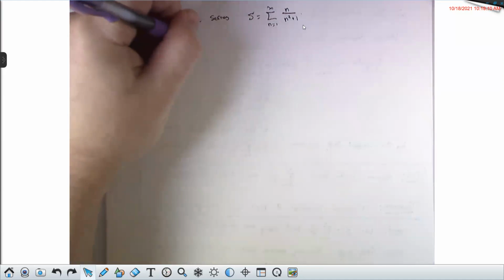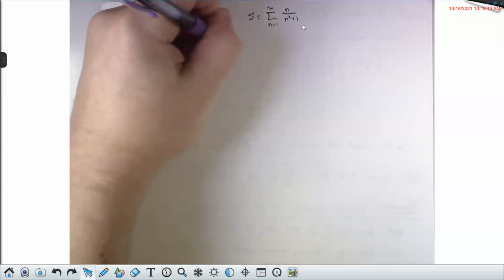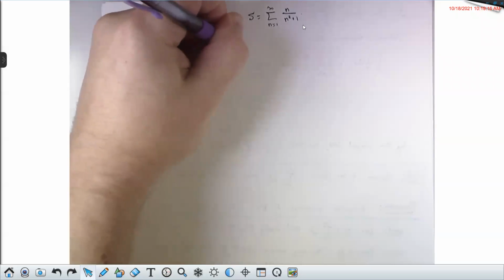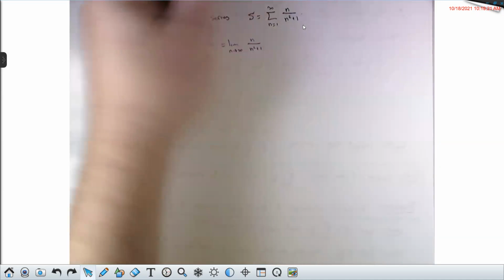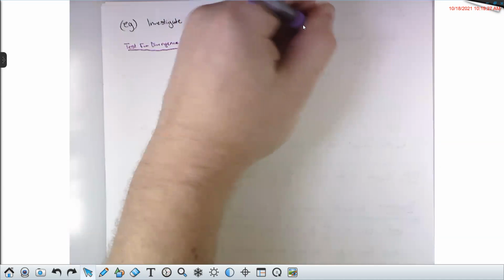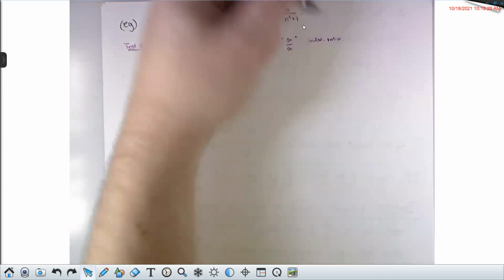So the limit as n goes to infinity of the a_n's is the limit as n goes to infinity of n over n squared plus 1. This looks like infinity over infinity, which is an indeterminate ratio.